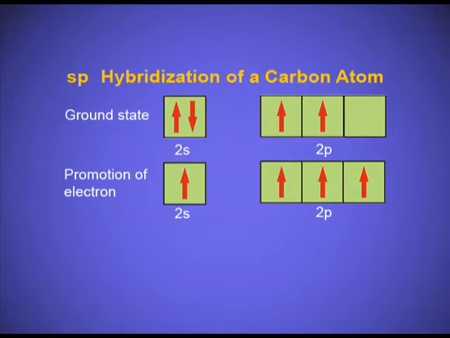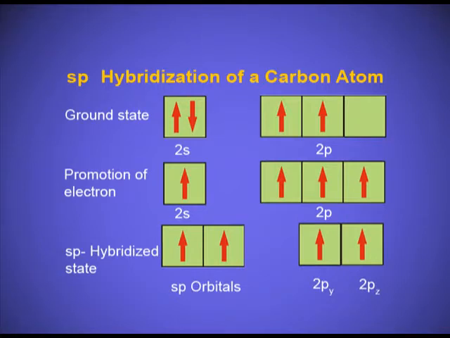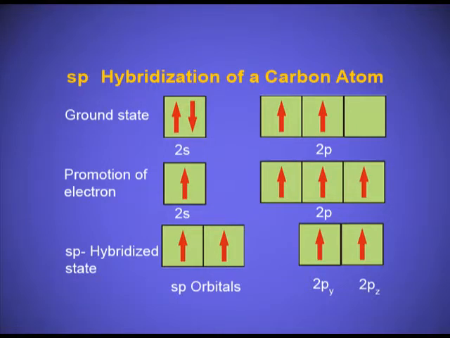Now, the sp hybridized state. One s and one p orbital will undergo hybridization, and this is sp hybridization. It will have 50% s character and 50% p character, and the 2 p orbitals, that is 2py and 2pz, will remain unhybridized.